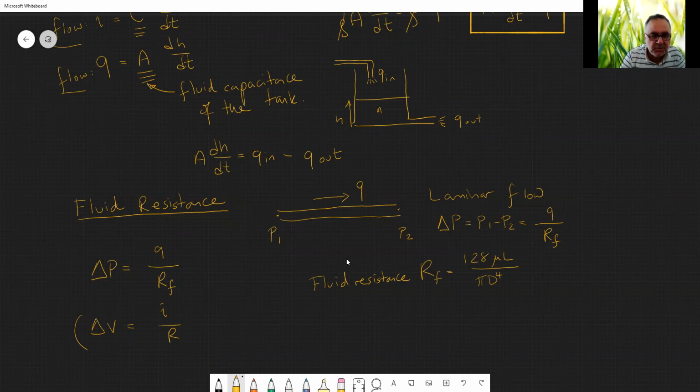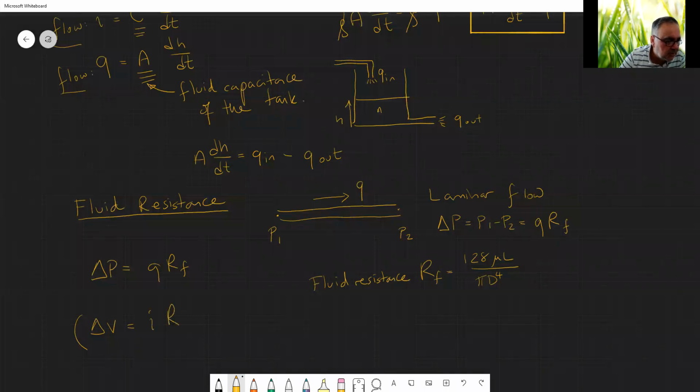I shouldn't be dividing it, I should be multiplying it. Q times RF, and this is also Q times RF. The pressure drop is proportional to the resistance, of course.